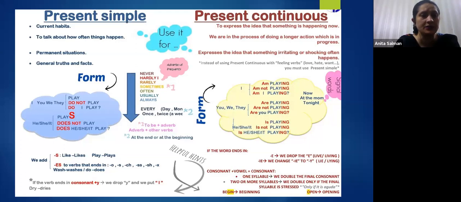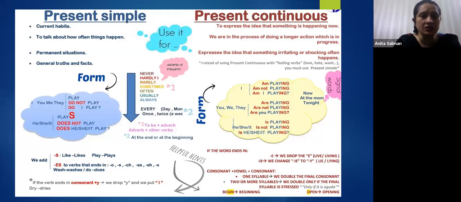First person, second person, and third person. In simple present tense, which pronouns are followed by only the first form of the verb? They are I, you, we, and they. We write only the first form of the verb: I play, you play, we play, and they play, right?